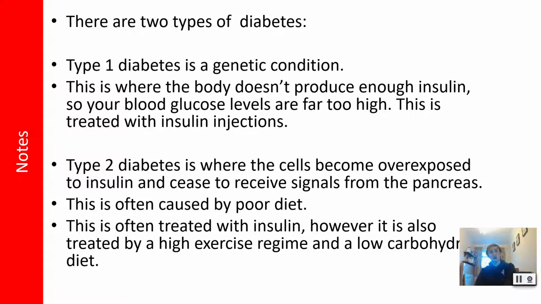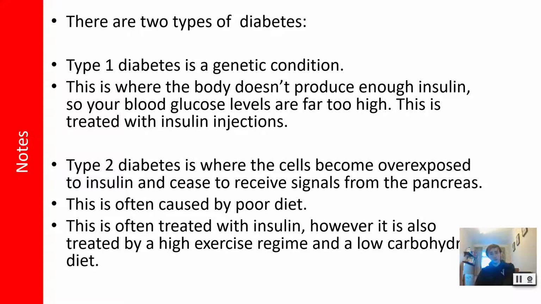This is, I've been having such high blood sugars for such a prolonged period of my life that my cells have become almost used to it. So the insulin is still traveling around your body when you're eating all your sugary foods, and after every meal there's huge amounts of insulin being produced. But your cells have started to ignore it. They've become acclimatized to it, so they don't do anything about it.